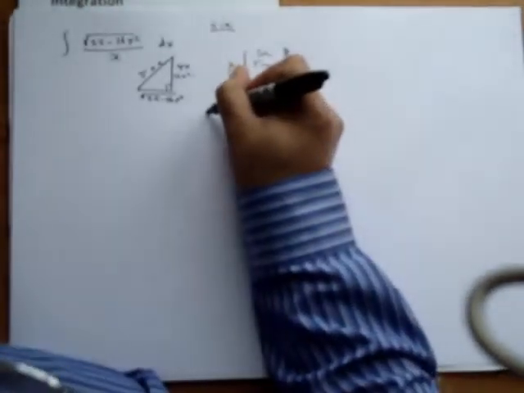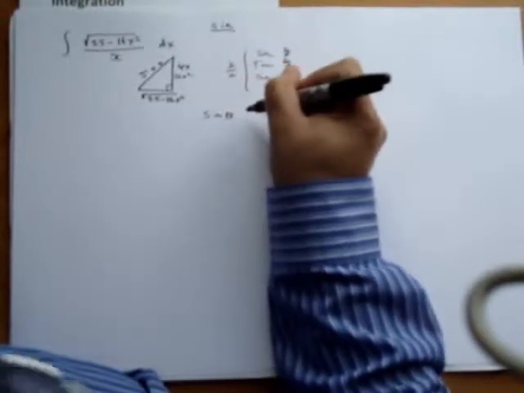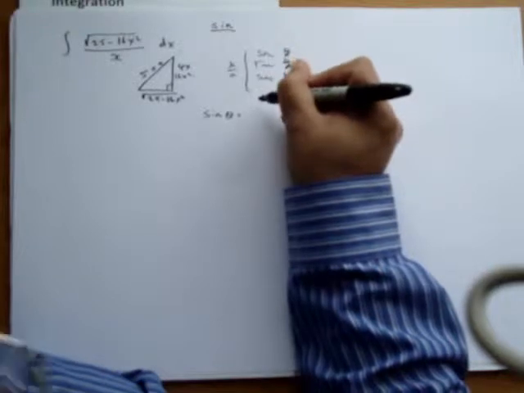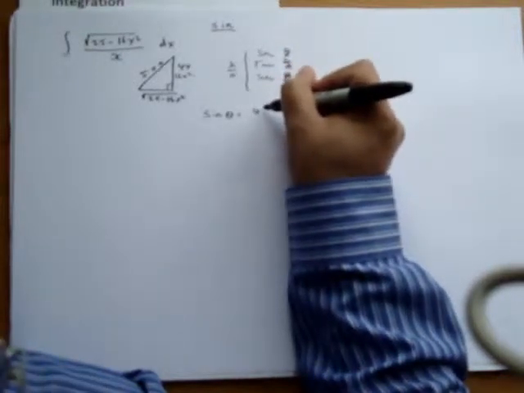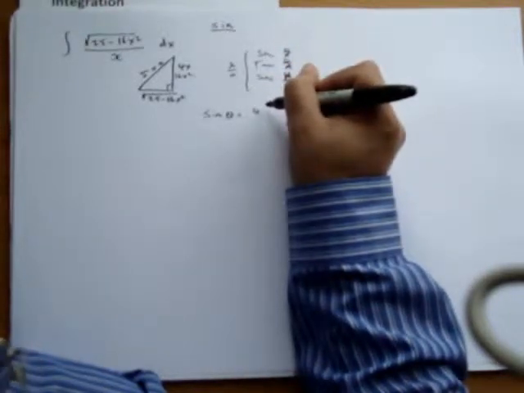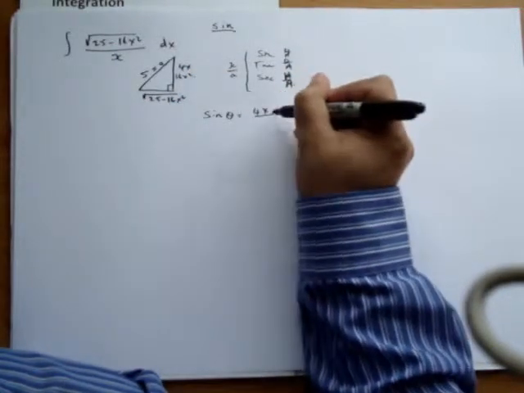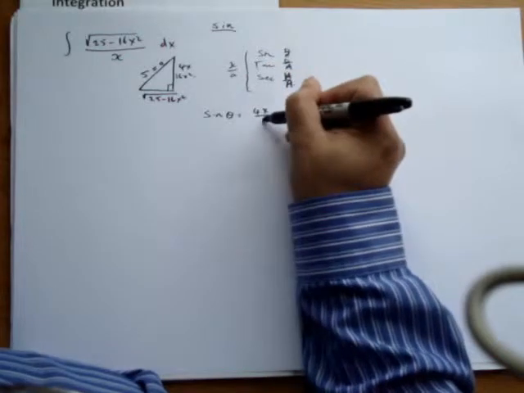Sine theta, because we're going to use sine theta now, is 4x, which we've figured out there, over 5, which is the a.